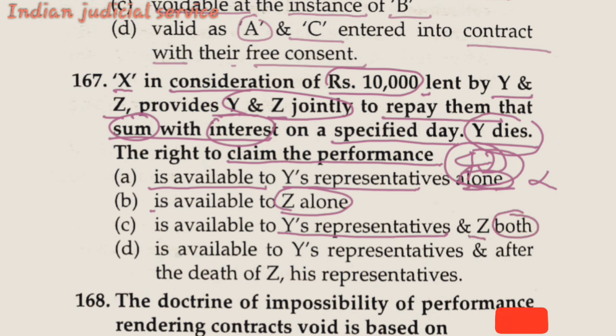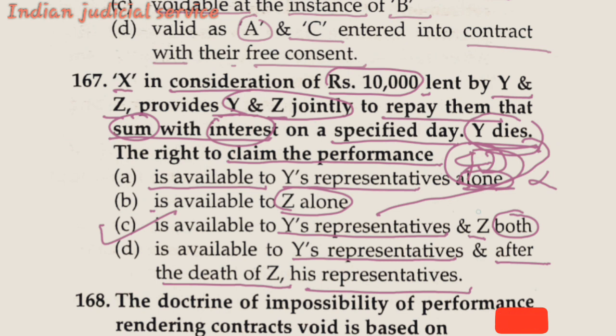And option D: available to Y's representative and, after the death of Z, his representative. So in this question the answer is option C, because Y died, therefore his representative is entitled along with Z, the other party. So both Y's representative and Z are responsible for the contract. So the answer is option C.